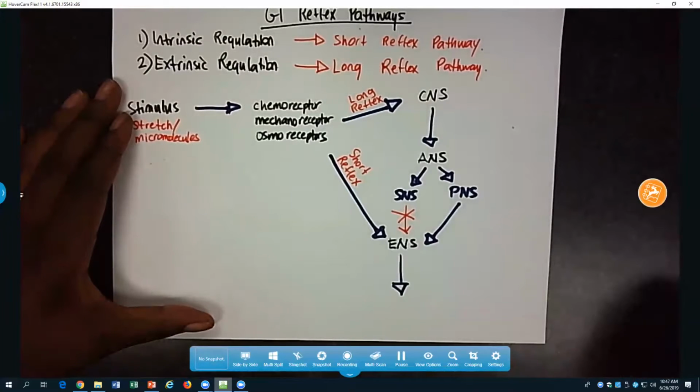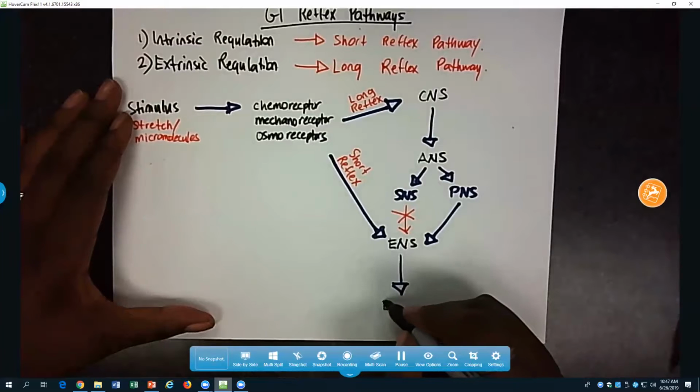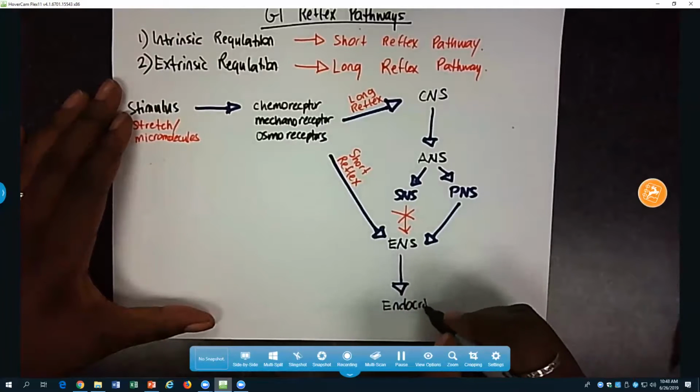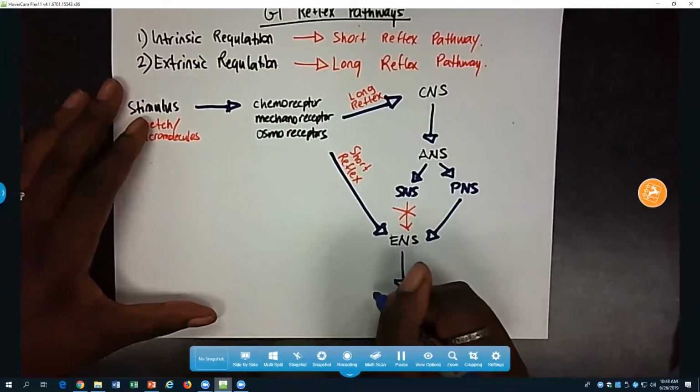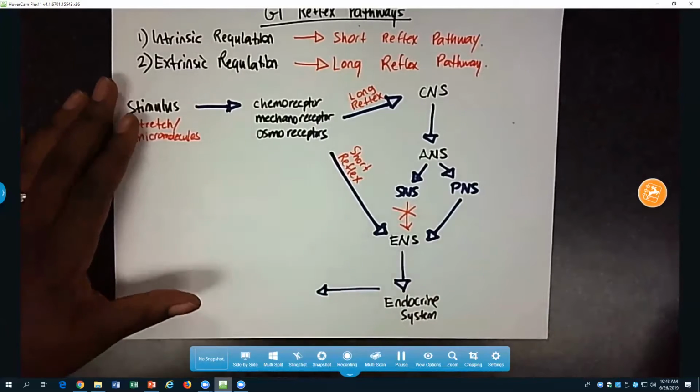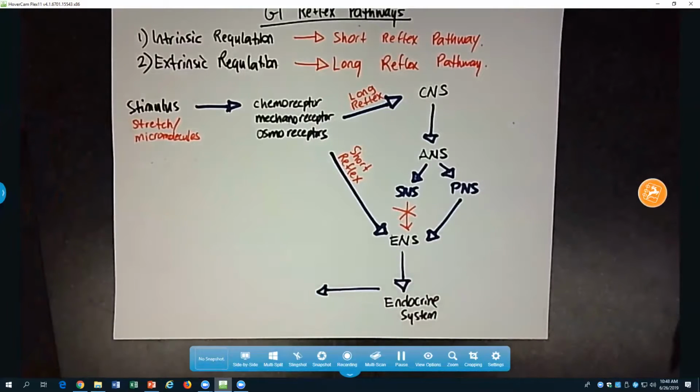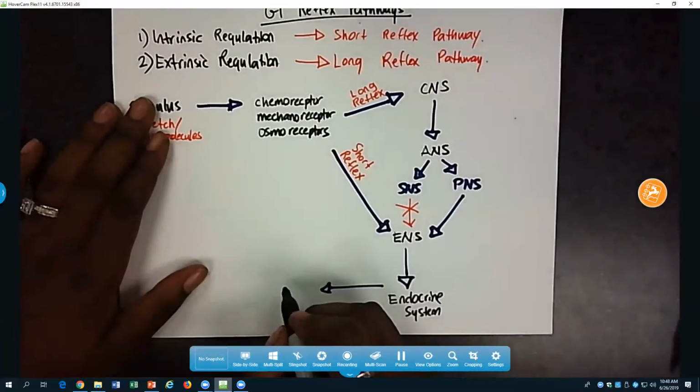We can engage the endocrine system. And the endocrine system is unique how? What's unique about the endocrine system? What's different about the exocrine and the endocrine system? The endocrine system is going to release hormones into the blood.